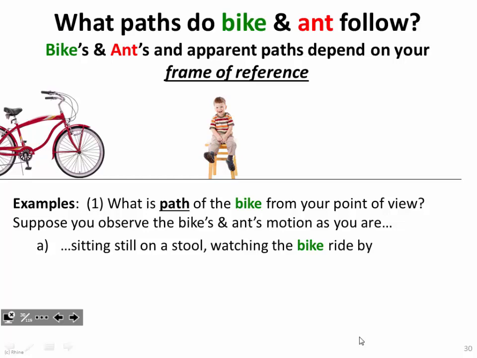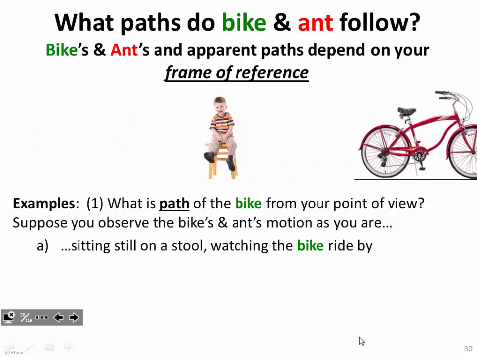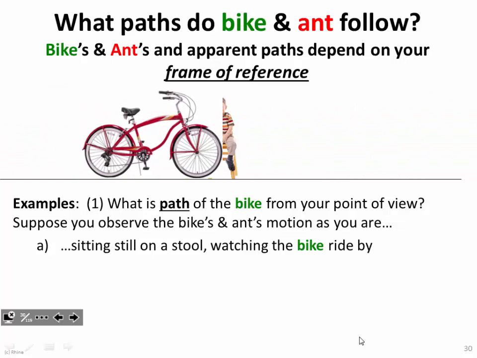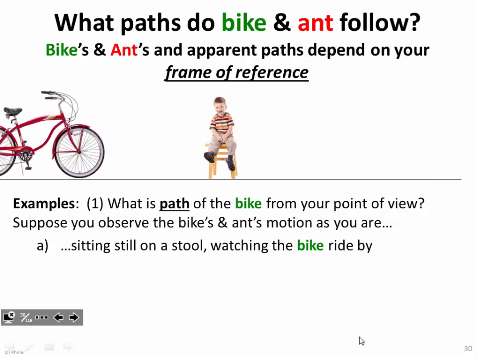So what are you going to see? The bike is moving from left to right in a straight line at a constant speed. What does the kid see? He's on the opposite side, so you saw it left to right, and he's going to see it from right to left. Otherwise very similar.